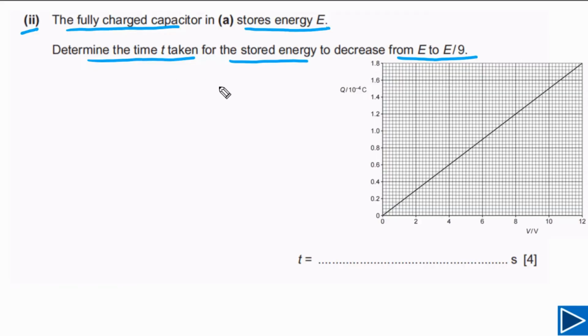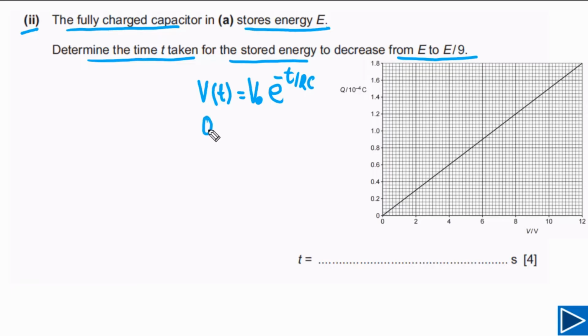But we have equations for discharging. We have V as a function of time, means we can find the value of V at any given time, the potential difference across the plates of the capacitor, by using this formula. This is V max, the maximum value of potential difference, times e to the power of negative t over RC. And this is the time constant.